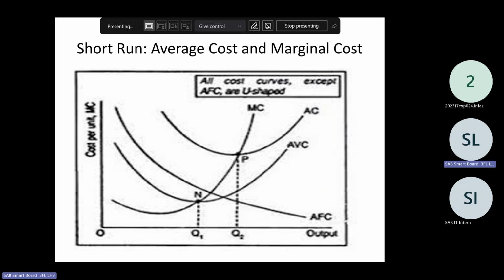The marginal cost curve goes through the minimum point of the average cost curve. That is how the short run average cost and marginal cost explain how output changes with the change in the variable input.